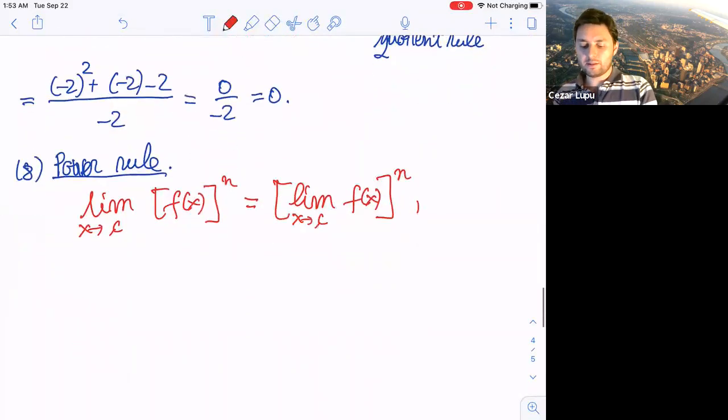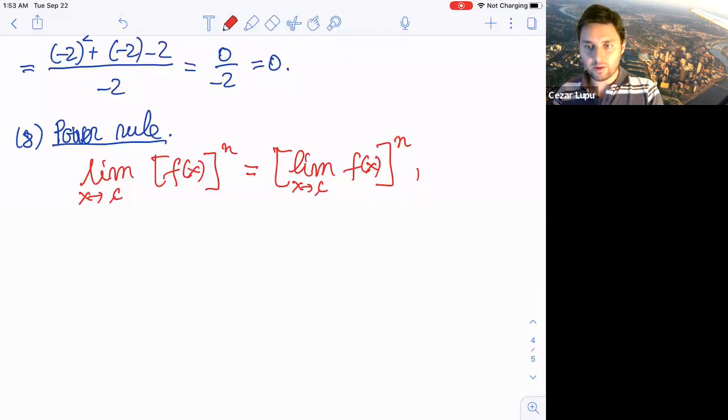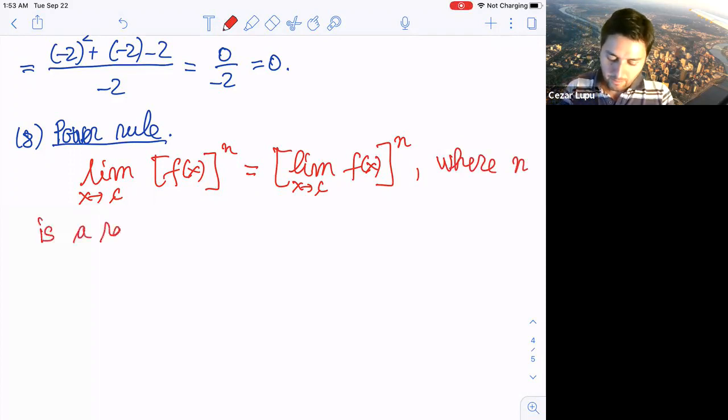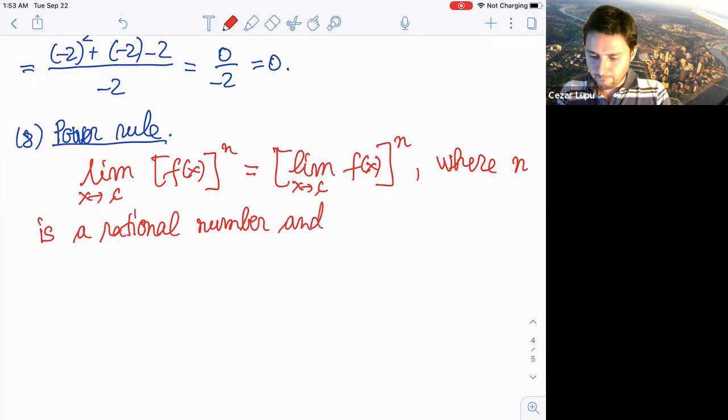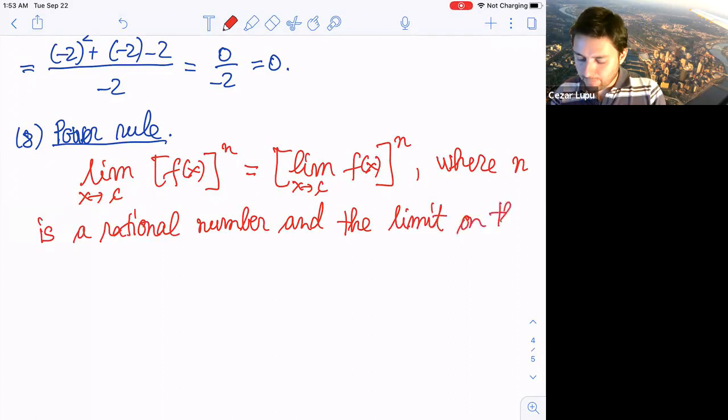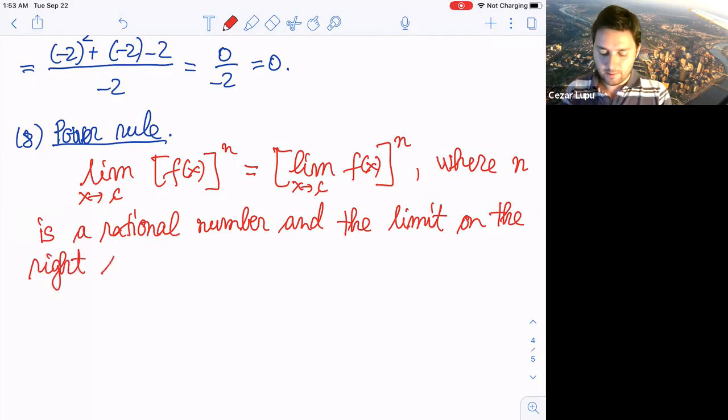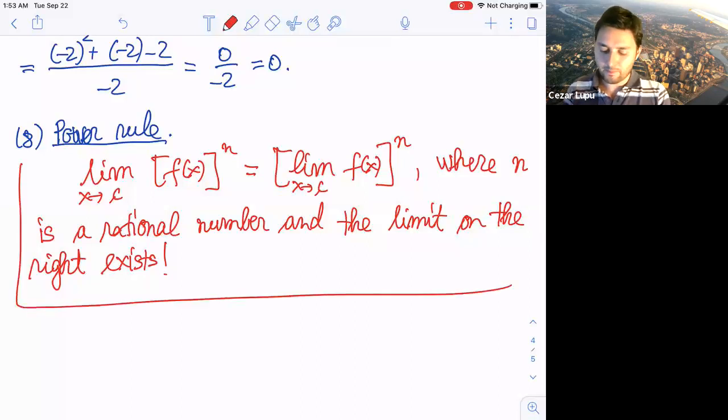And let's say a few words about this n, where n is a rational number and the limit on the right exists. If this happens, then indeed we have this power rule.